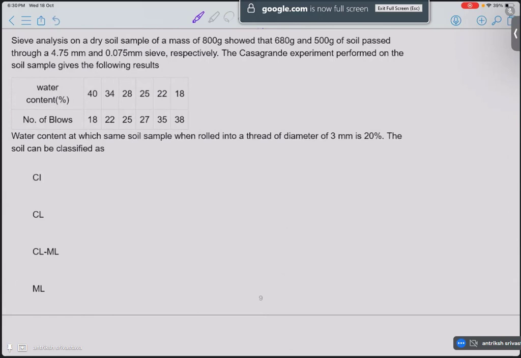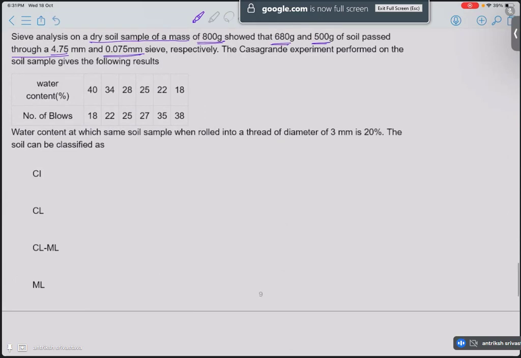Sieve analysis on a dry soil sample of mass 800 gram showed that 680 grams and 500 grams of the soil passed through 4.75 mm and 0.075 mm sieve size, respectively.